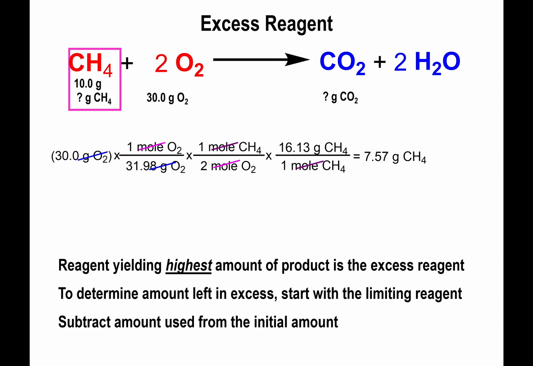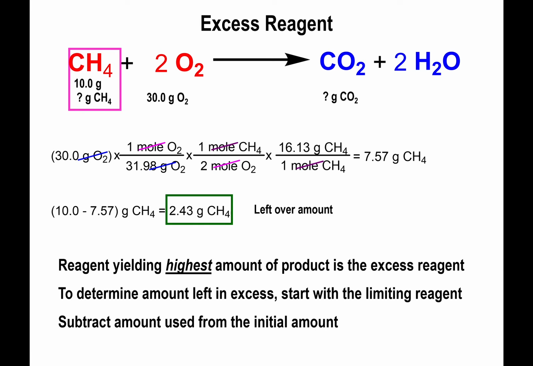So to find out the actual value that remains in excess in the reaction flask still, what you have to do is subtract the mass of CH4 that you got from the stoichiometry from the original mass of CH4 that you started with. Alright, so if you subtract 10 with 7.57, you will find out the overall mass of CH4, which we call the excess leftover amount. This is what remains in solution.